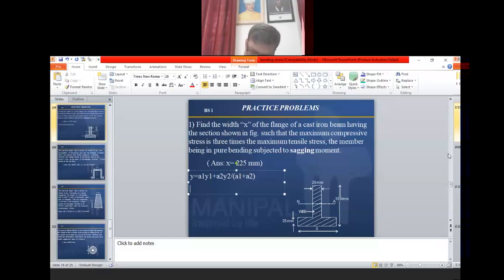First I take the vertical diagram. Answer is 25. Here you have committed the mistake.